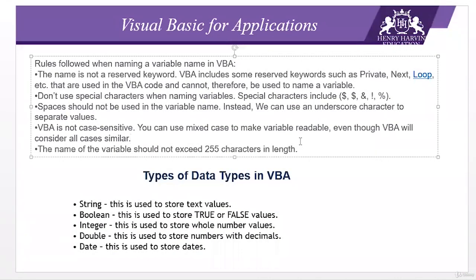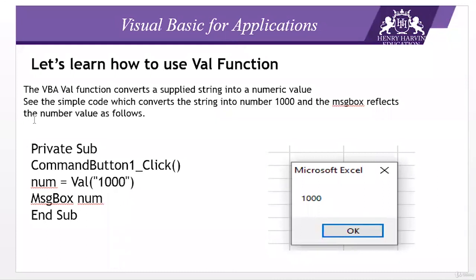I'm your Excel instructor. Today we'll be covering types of data types in VBA and the rules followed when we name a variable in VBA. By now you have understood how to write small code and the syntax in the VB editor, how to access the developer tab, how to protect the worksheet, how to attach the workbook in an email, and how to convert formulas into values.